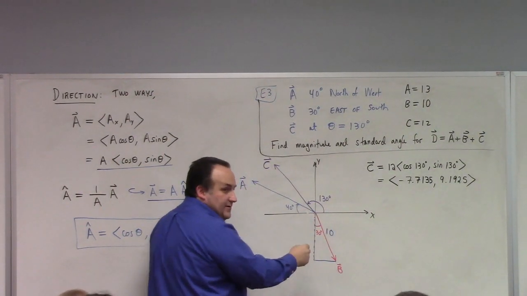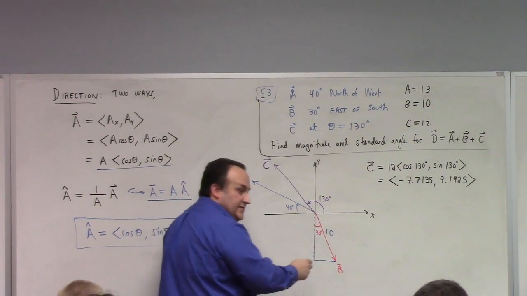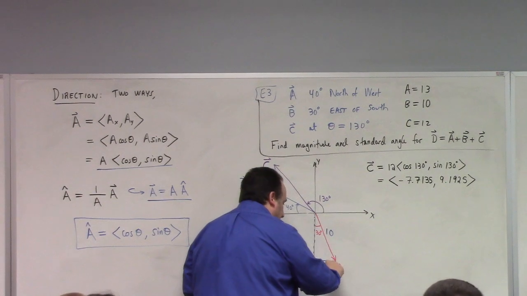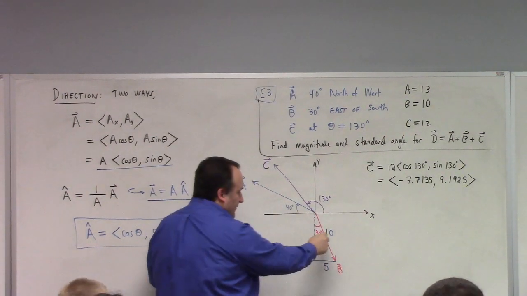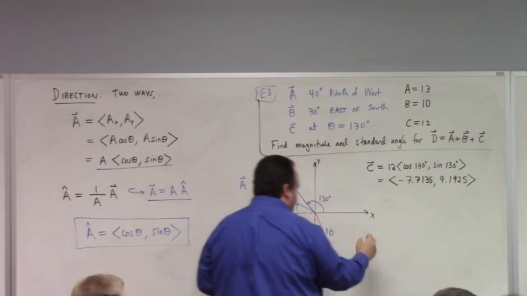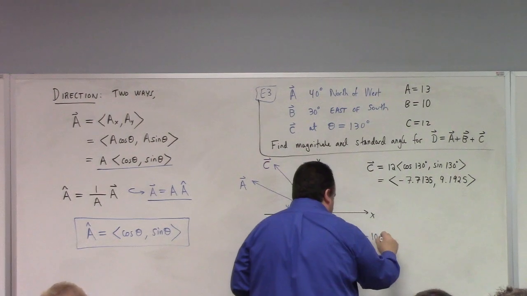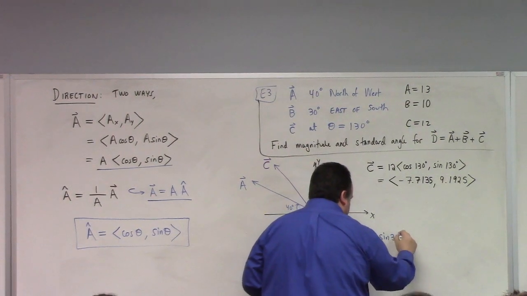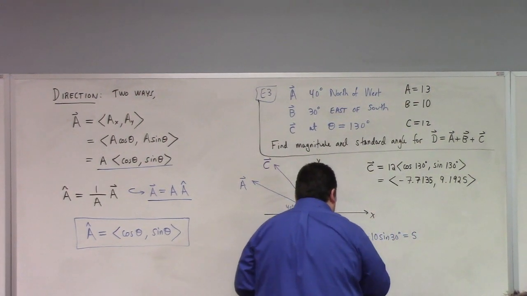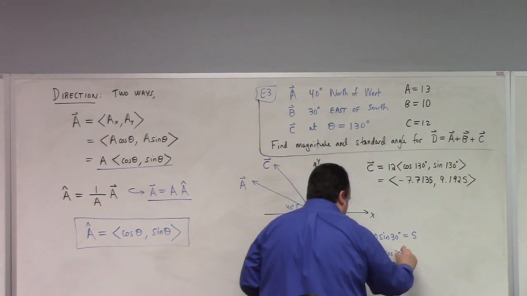The angle here is 30 degrees. So to get the opposite, I do sine times the hypotenuse, and sine of 30 is 1/2, so this is going to be 5. In other words, b sub x is equal to 10 times the sine of 30 in this context, which is equal to 5. And b sub y is 10 times the cosine of 30.